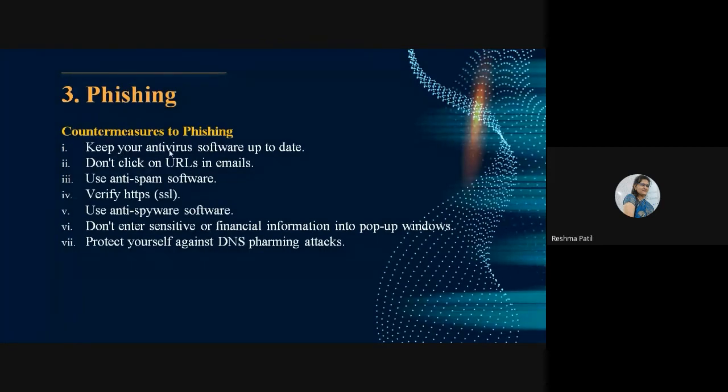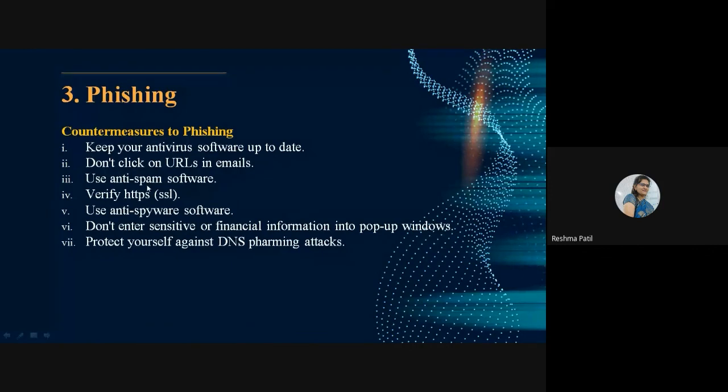If it is a known person, verify with that person before clicking on the link, whether this mail was sent by them or not. If you find it suspicious, if the email is asking for sensitive information or money, then make sure that the person in your contact has actually sent this email. If it is an unknown person, don't click on the URL.